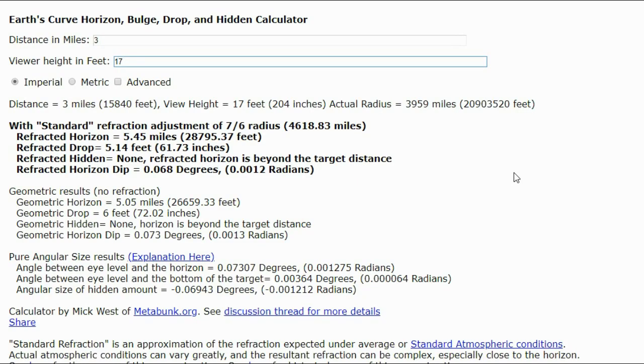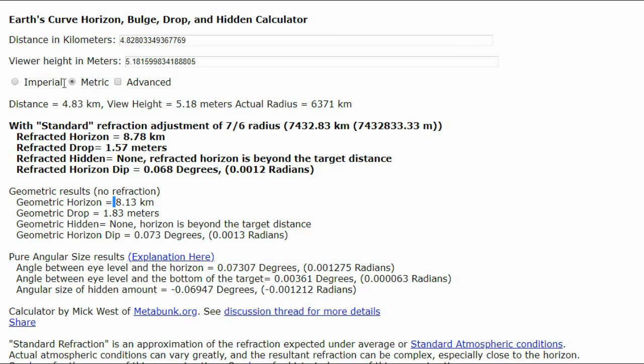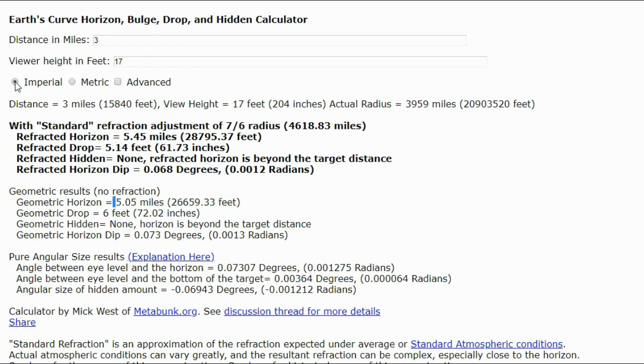Okay, here's what I've done. I've played around with the viewer height until we have a horizon of 5 miles. So that's pretty well as close as I can get here. So we are 17 feet high, which is 5 point something meters high. So this is much taller than a person would be. And you'll begin to see a little bit of a problem that we have.